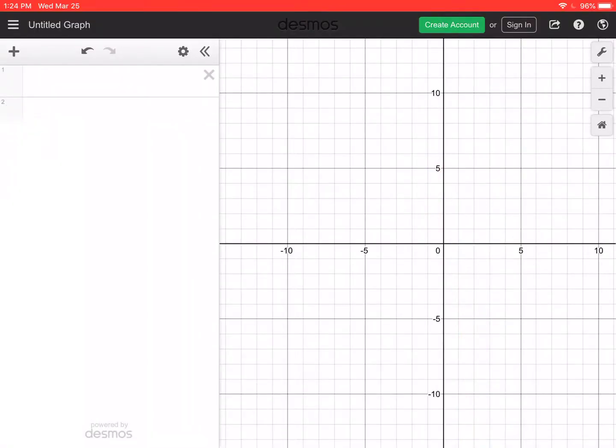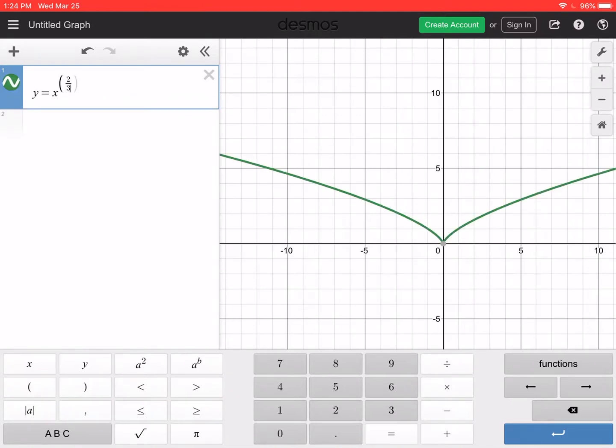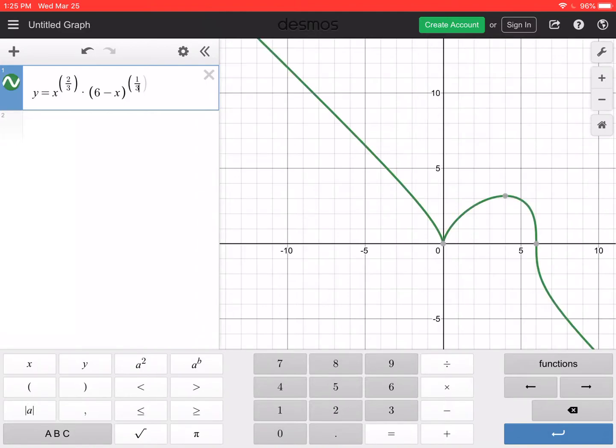So let's see what we got here. We have y equals x to the 2/3 times 6 minus x to the 1/3.